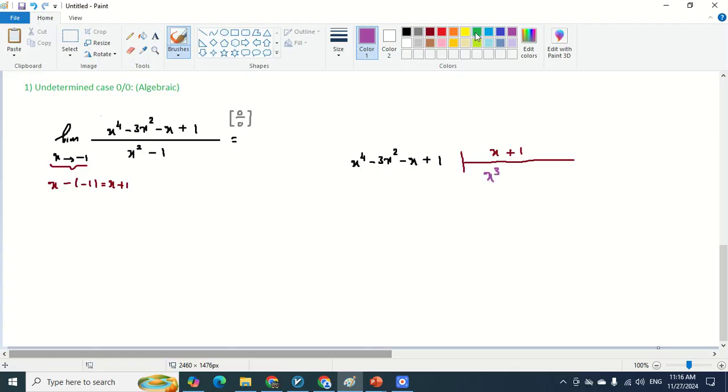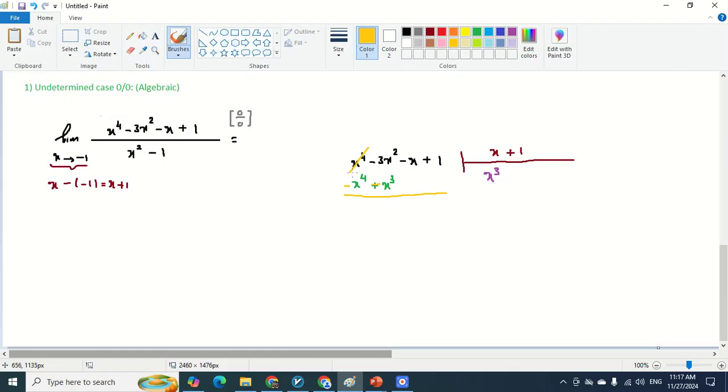Now I should multiply x cube by x plus 1. It gives us x to the power of 4 for the first term, plus x cube. So now I should change the sign of this expression. That plus should be changed to minus, and the second plus should also change to minus.